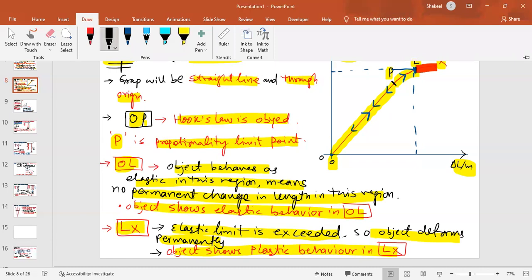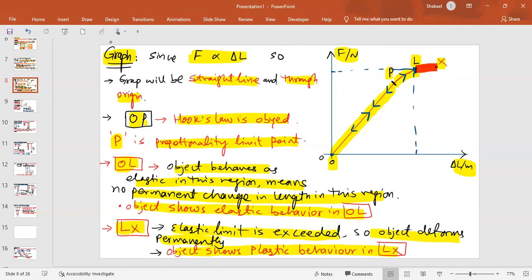If you start removing the force from point X, then the object will get back to this new position. So this shows that object is permanently deformed, because you have not applied any force at this point, but there is some value of the length. That means that object is permanently deformed.